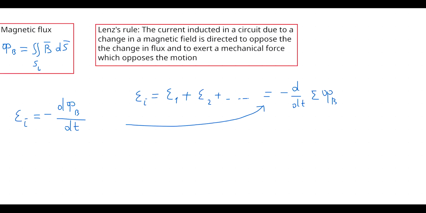And this value, the sum of magnetic flux, is known as flux linkage.